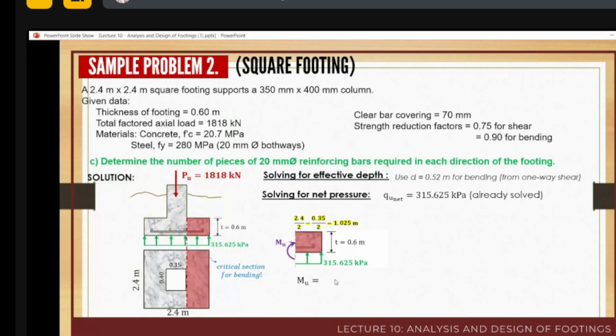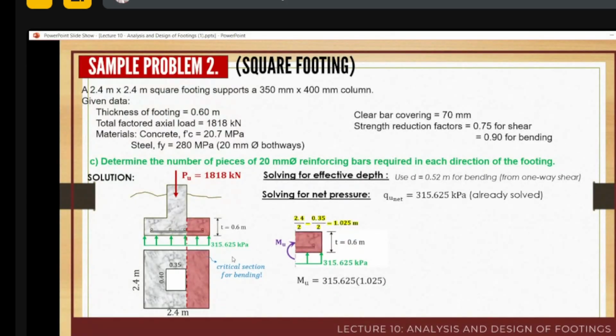So if imo na siyang isolve, so natay Mu, okay, for bending, at this from the face of the support due to this pressure 315.625, to come to uniform pressure induced by this 1818 towards our soil. So using the moment arm nga 1.025, diba? Ang you can delete from the face of the wall.